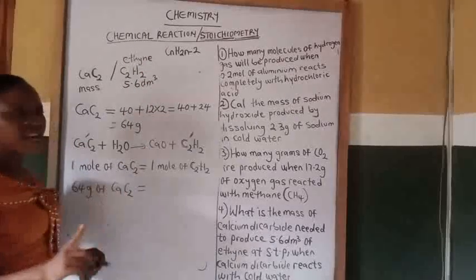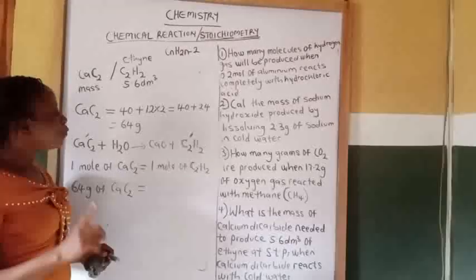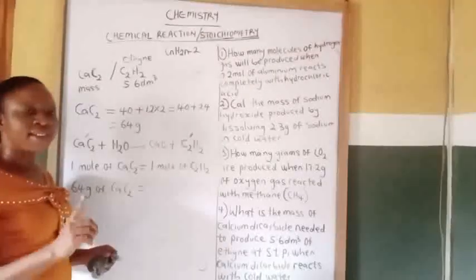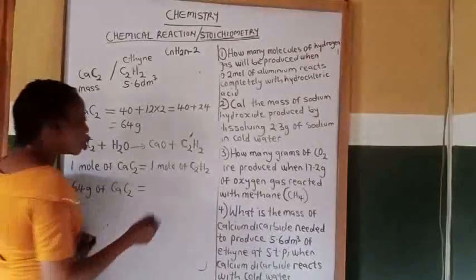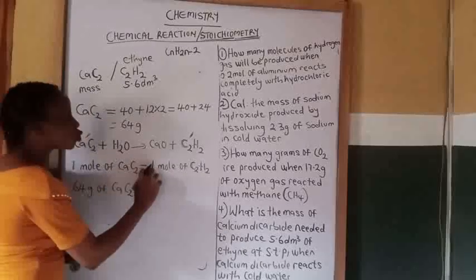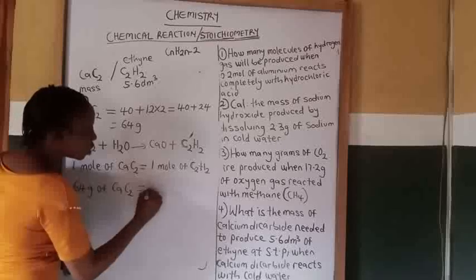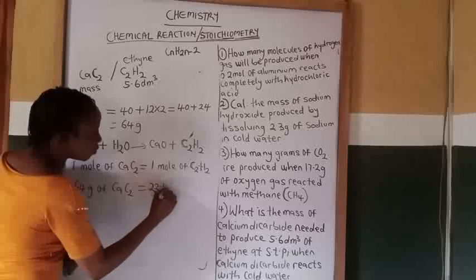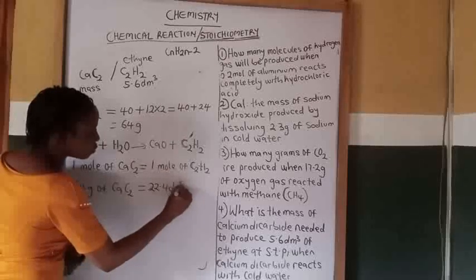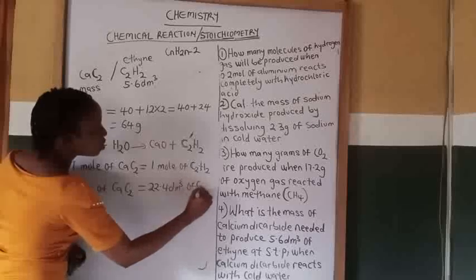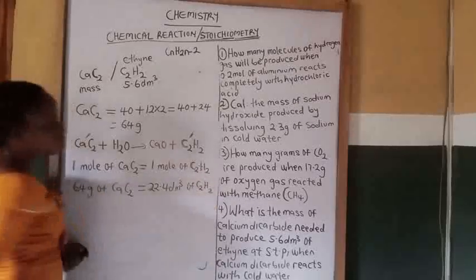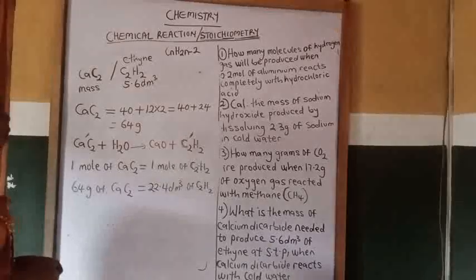The volume of any gas at STP is 22.4. So we are going to multiply this 1 mole by 22.4. So 1 times 22.4 will give us 22.4 dm cube of ethane.